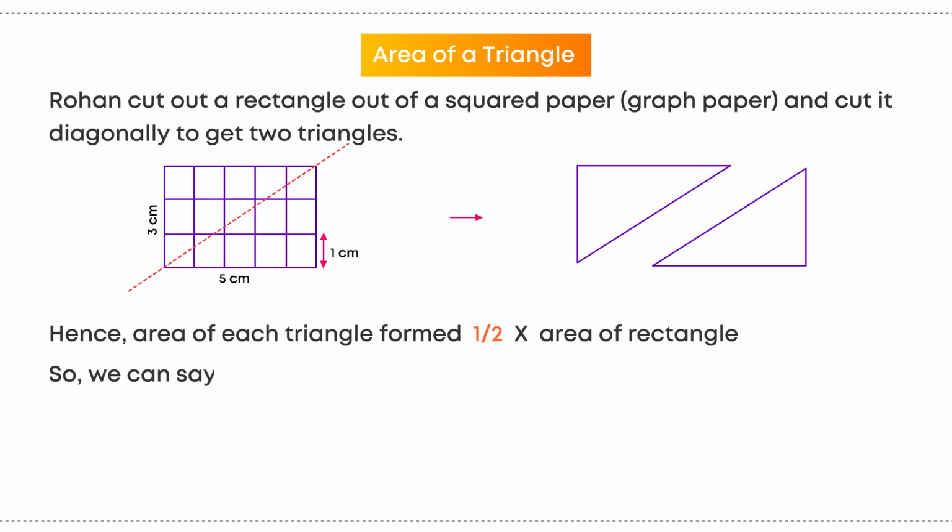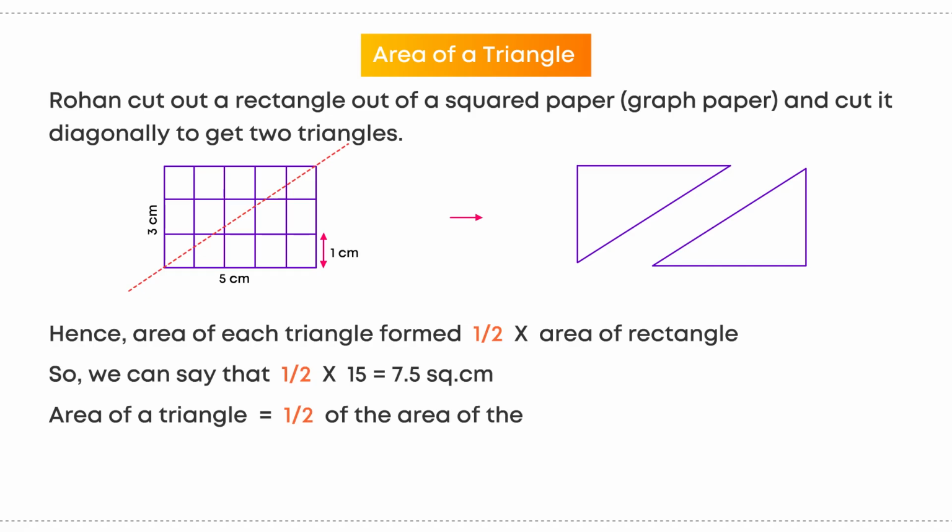So, we can say that 1 by 2 into 15 is equal to 7.5 sq cm. Area of a triangle is equal to 1 by 2 of the area of the rectangle.